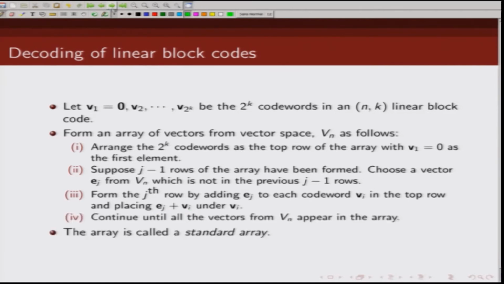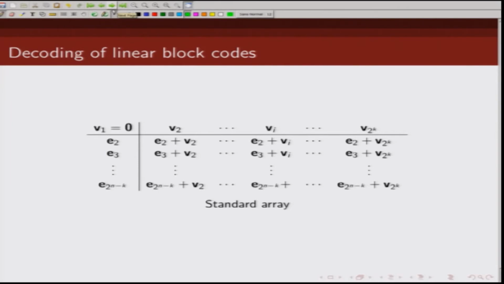I will just explain what I mean by this. As I said, in the first row we have listed all the code words with the all-0 code word as my leftmost entry. Now, let us say I have already formed some rows and I want to form the jth row. How do I find the jth row? I will pick an error vector E_j, let us say this E_3, which has not appeared before. So E_3 should not be any of these elements which have already been chosen.